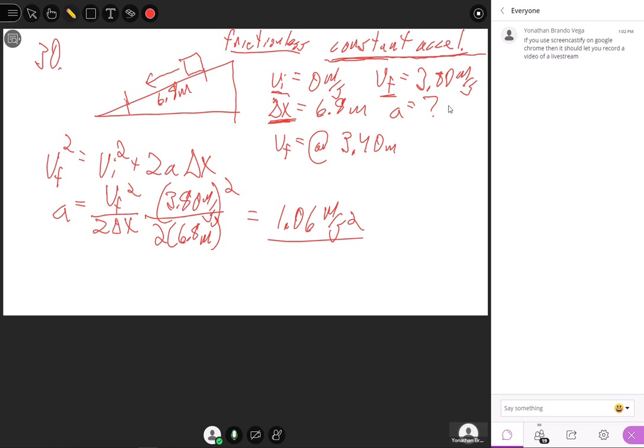Because now we want to backtrack and find the final velocity at 3.4 meters. Remember that the initial velocity is 0. So to find the final velocity, initial velocity 0 plus 2 times acceleration, 1.06 meters per second squared, times 3.4 meters.